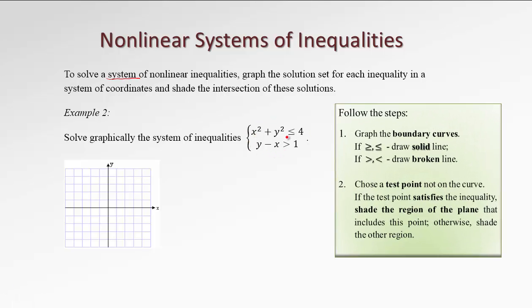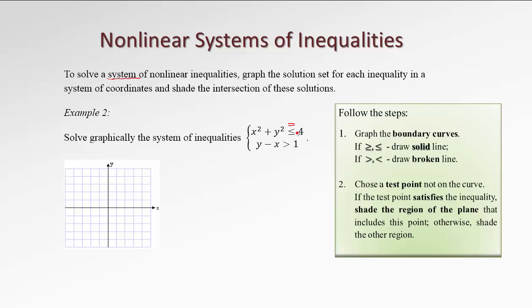The first thing that we need to do is to graph the boundary curves. That means replace the inequality by an equation and graph the shape. By now, we know already that x squared plus y squared equals 4 represents a circle with center at the origin and radius 2.